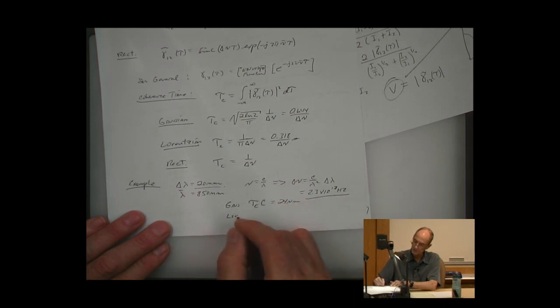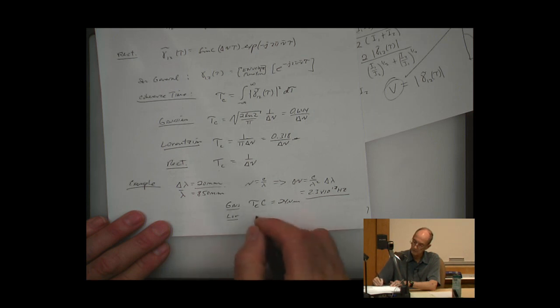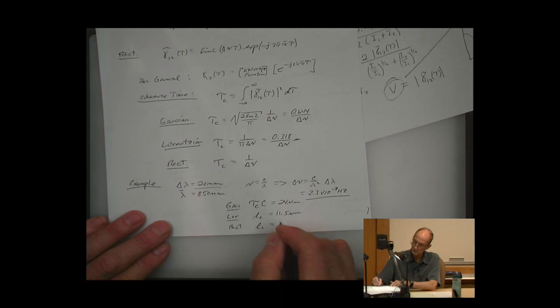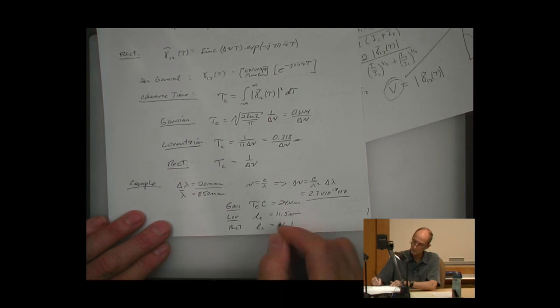For the Lorentzian, we have an L sub c of 11.5 microns, and for the rectangular, the L sub c is the greatest, 36.1 microns.